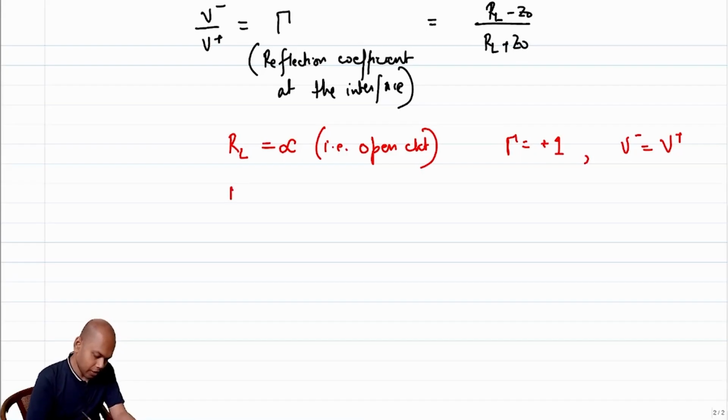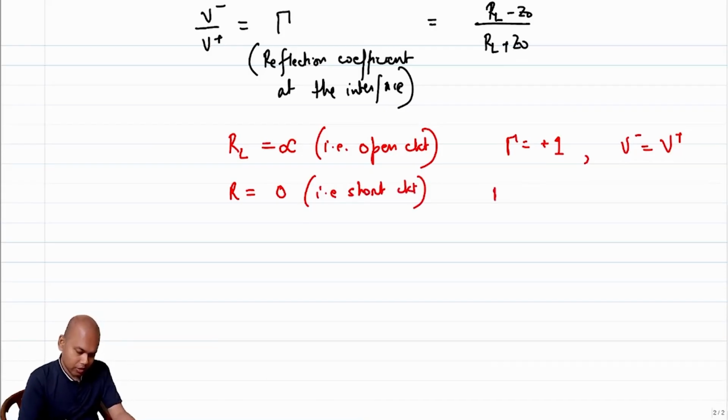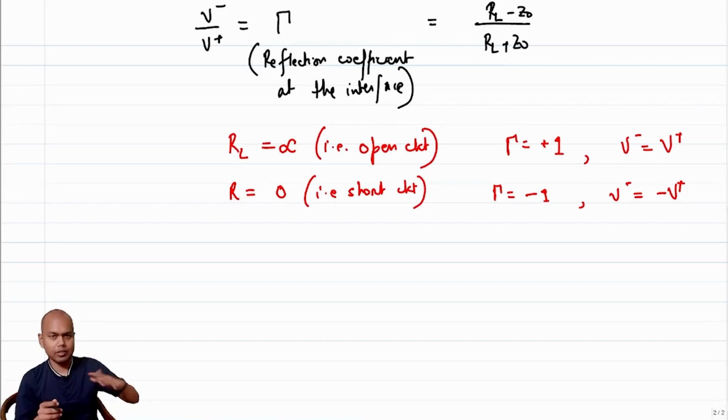If RL is equal to 0, i.e. short circuit, then gamma is equal to negative 1, which means V minus is equal to negative of V plus, right? Which means that your reflected wave has the same magnitude but opposite in phase. Whatever goes in gets flipped.